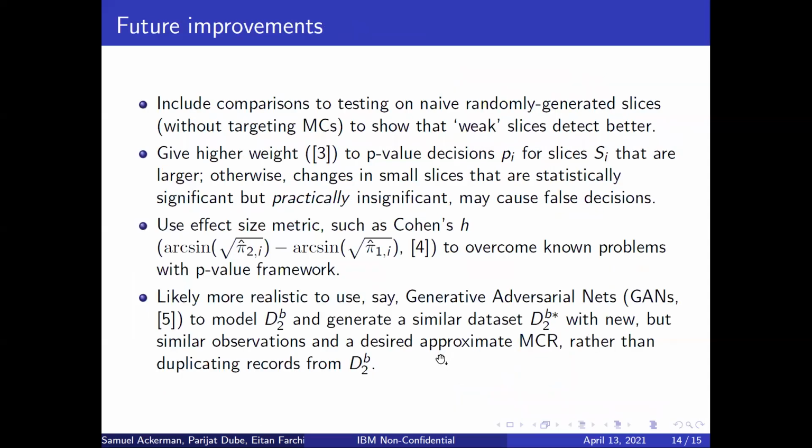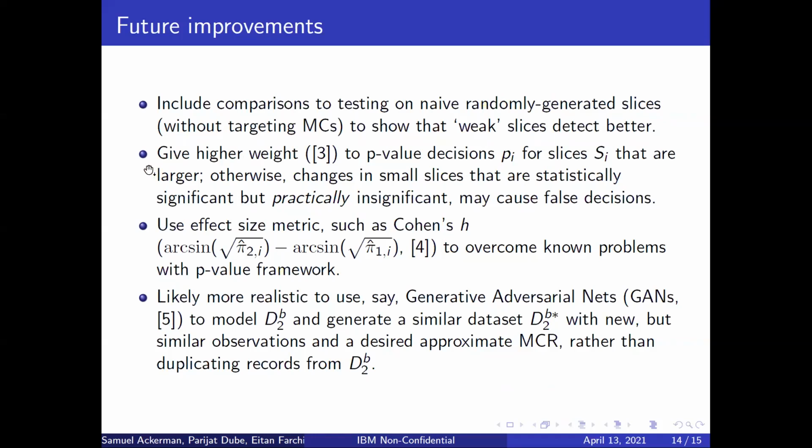So, future improvements. The first one is we want to evaluate our slices which target the weak areas, or where there are more misclassifications. We want to compare this to a naive baseline of randomly generated slices that don't target them, to show that this method with weak slices actually detects changes, for example in the MCR, better.